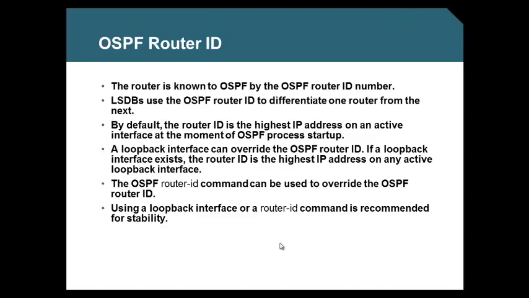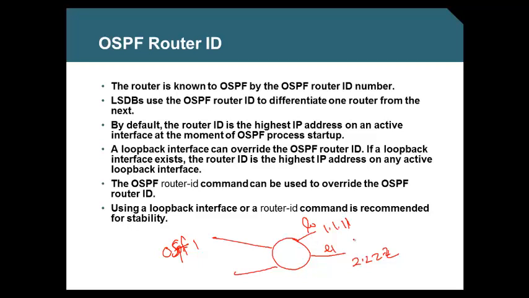Let's say you got a router with loopback 0, 1.1.1.1, with loopback 1, 2.2.2.2. And when you configure OSPF 1 and OSPF 2, when you configure OSPF 1, this is going to be the router ID.